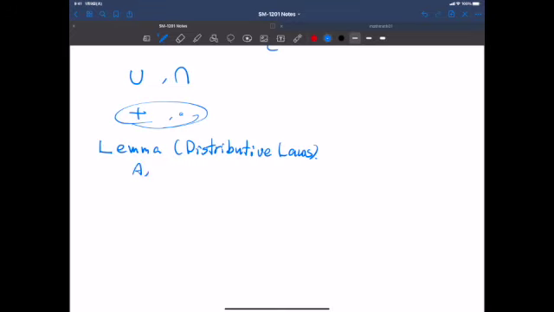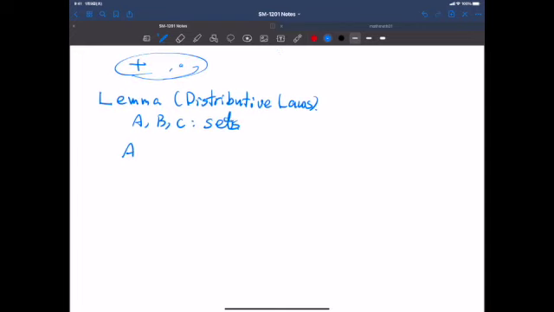So again, we have A, B, C that are sets. Now we have A ∩ (B ∪ C) is equal to (A ∩ B) ∪ (A ∩ C).